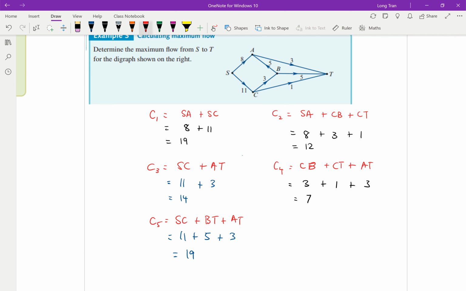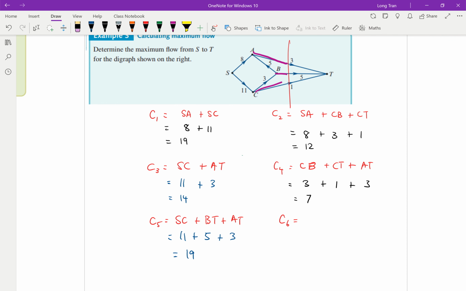Okay, and what else haven't I chosen? Which other pairs to completely sever this flow? I know that one's another one that I haven't done. So that's 3, 5, and 1, isn't it? Because they're all coming from the sink. So I'm going to write that now. So C6 is 3, 5, and 1.